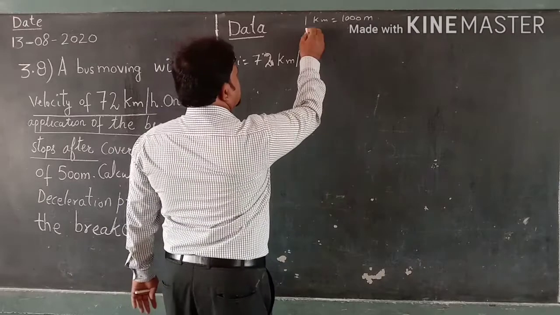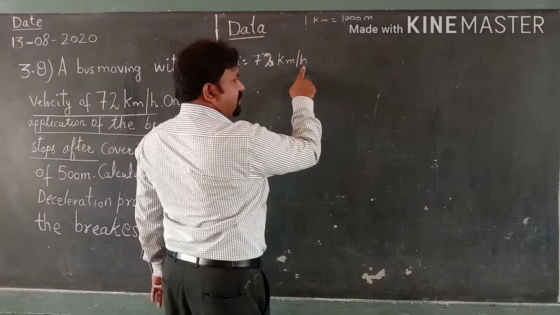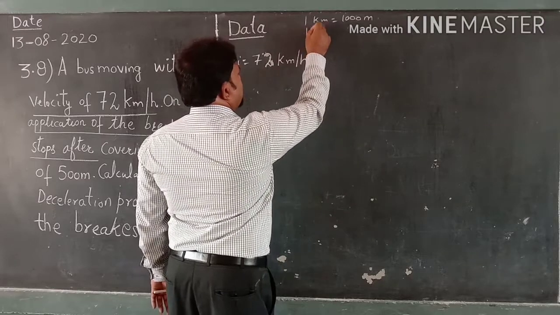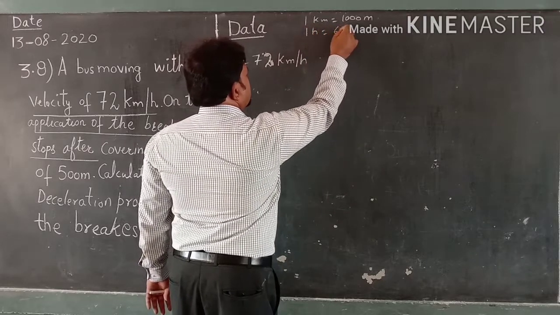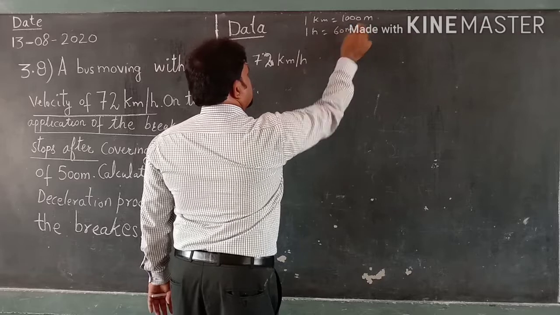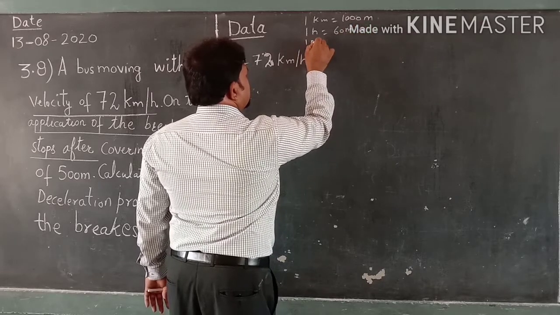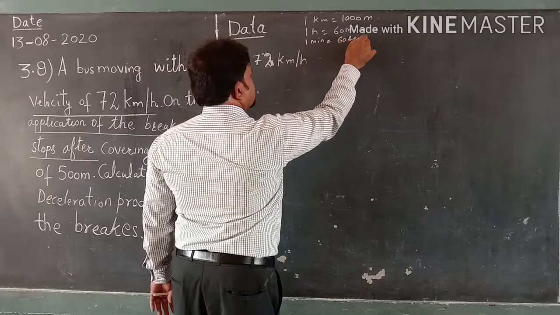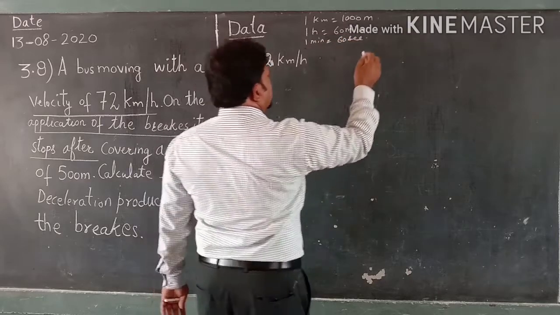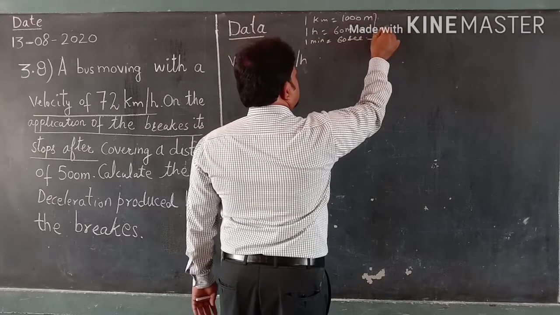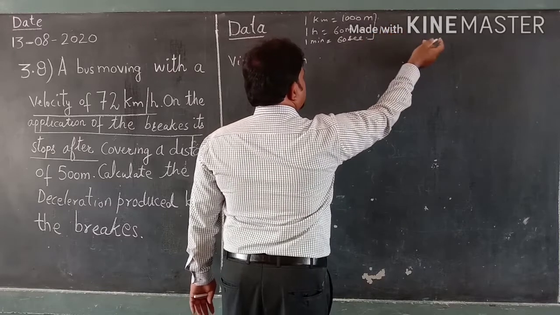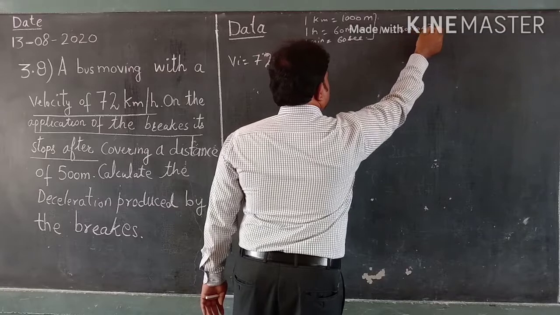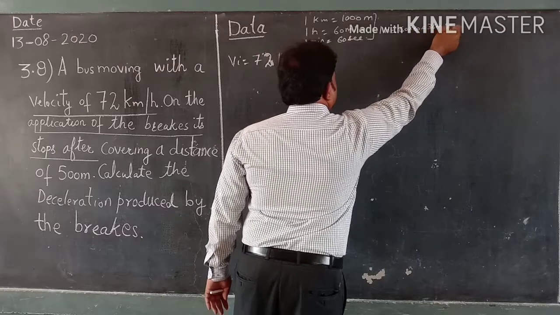And next we will convert hour into second. We know that 1 hour is equal to 60 minutes and 1 minute is equal to 60 seconds. So when we change 1 hour into seconds, 60 multiplied by 60 is equal to 3600 seconds.